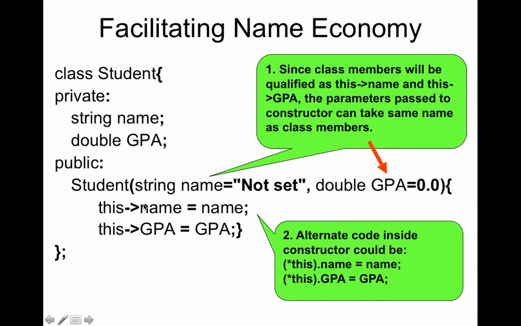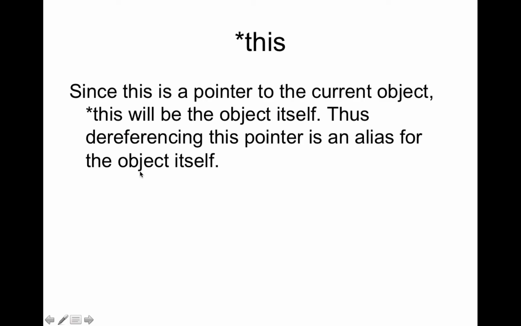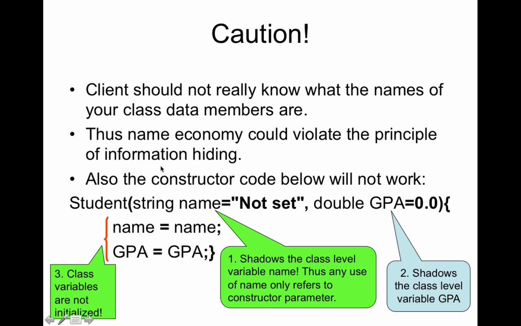So if I remove this pointer from here and say name equal to name, as I'm doing here, this no longer refers to the class level variable, because local variables have preference, they shadow the class level.